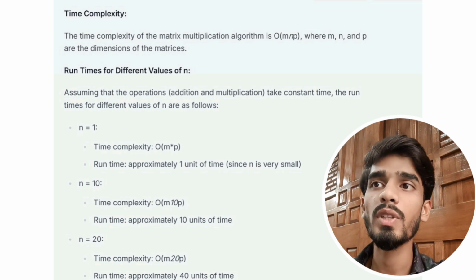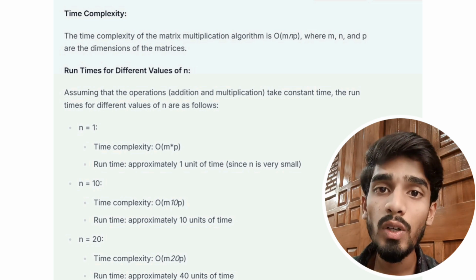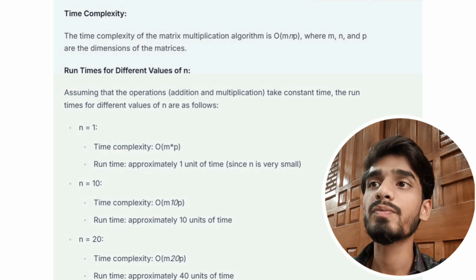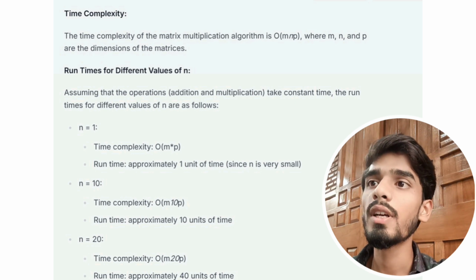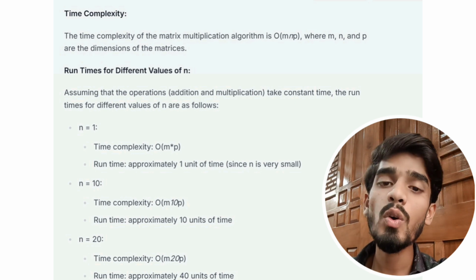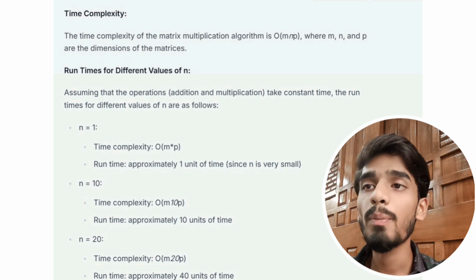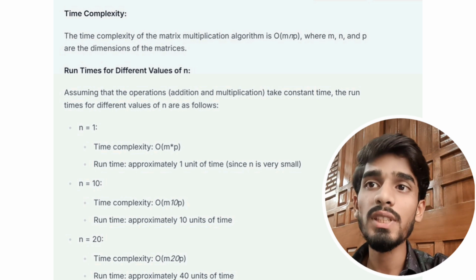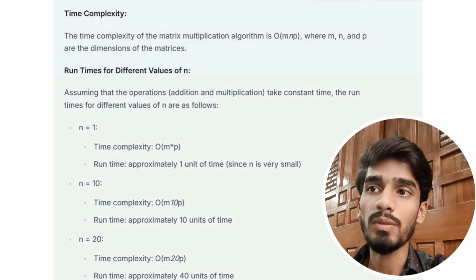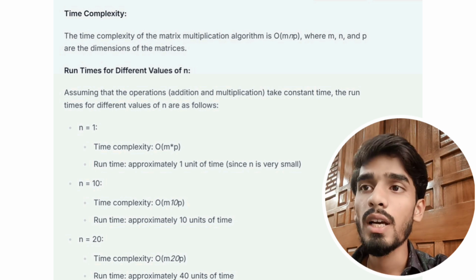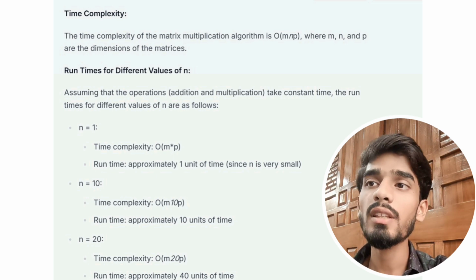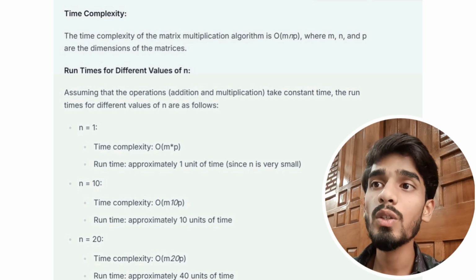First case was n is equal to 1, and the time complexity will be big O of m cross p. Runtime approximately 1 unit of time, since n is very small. After that, second case was n is equal to 10.